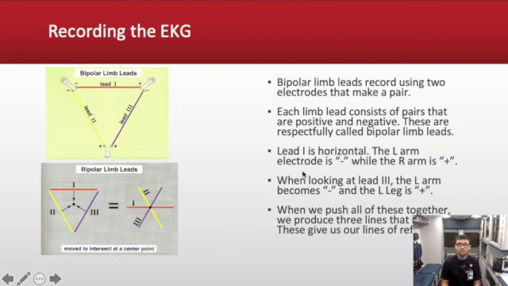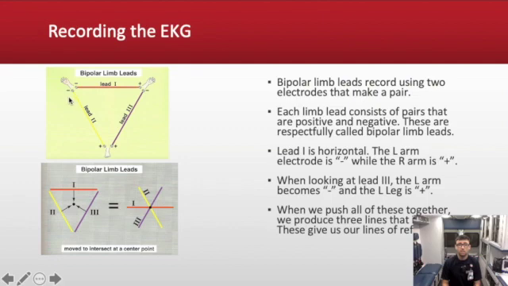So the right arm is negative while the left is positive. When looking at lead 3, the left arm becomes negative and the left leg is positive. So if you think about this, the way that the EKG is actually reading, lead 1 is looking at a camera perspective of how the myocardium is actually moving across those cells towards that positive electrode.